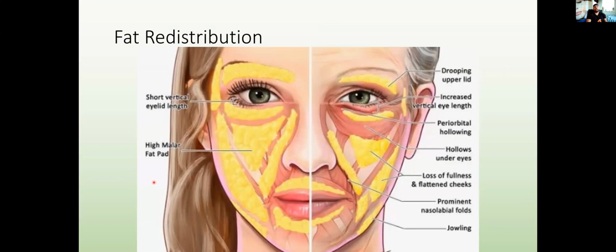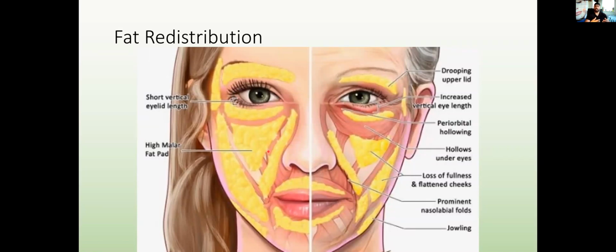Looking at fat distribution on this slide. On the left-hand side, we can see a very youthful face, and over here a more aged appearance. Now, these fat pads have two main levels. You're going to have a superficial level, which is up above the muscle, and then you're going to have your deep compartment too. The superficial fat pads are very mobile.